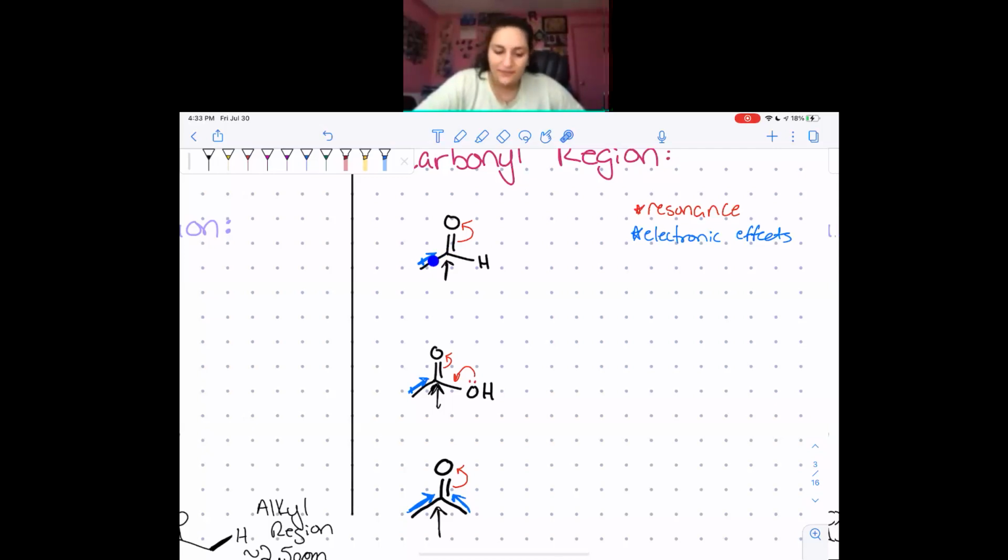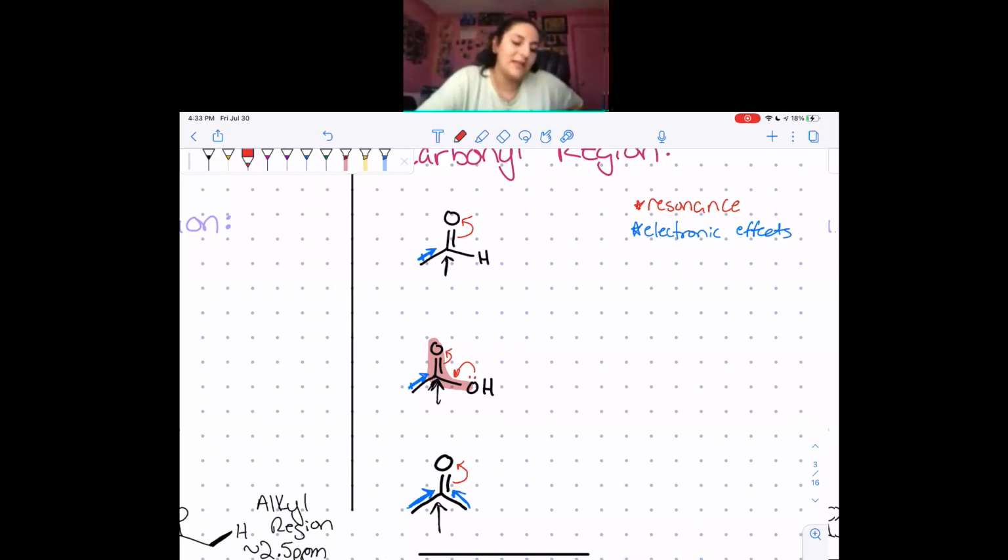So what you might not see at first is this resonance is actually donating to this carbon because the resonance will be going like this between those two atoms. So it's technically donating here. So this is going to be the least deshielded of the bunch. So it's the most shielded. So we're going to say this is around 90, I believe.